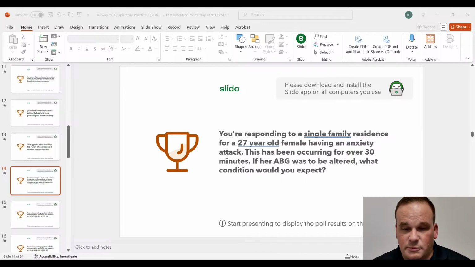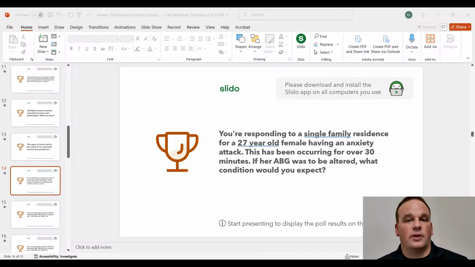When I'm treating patients with an anxiety attack, what am I primarily concerned about? I'm primarily concerned about hyperventilation. So this has been occurring for over 30 minutes. If I was to do an ABG, which we don't have the ability to do in the field, but if I was to do an ABG and it was to be altered, what condition would I expect? So I have a patient that has been hyperventilating for over 30 minutes.